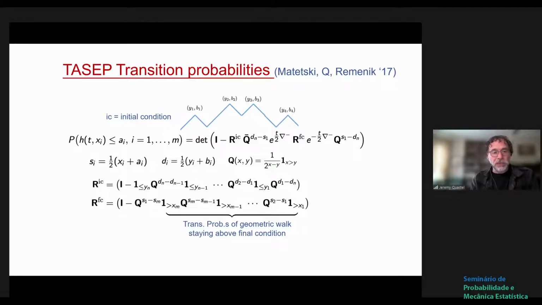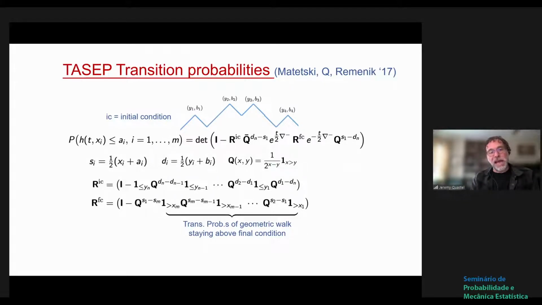And so the formula, well, let me try to read the formula and you can ask questions. You should ask questions. So the formula says, if I want to know these probabilities, then what I do is I make an operator out of my initial conditions and my final conditions. And these operators, you can think of operators as defined by their kernels. And their kernels have two variables.